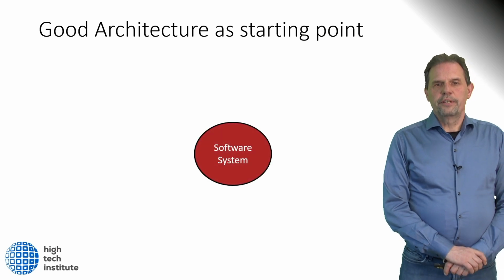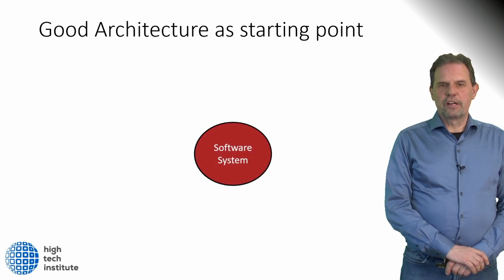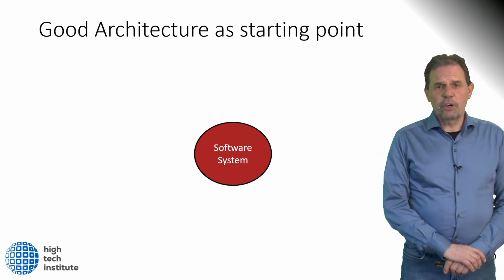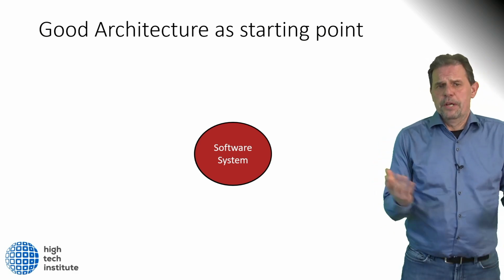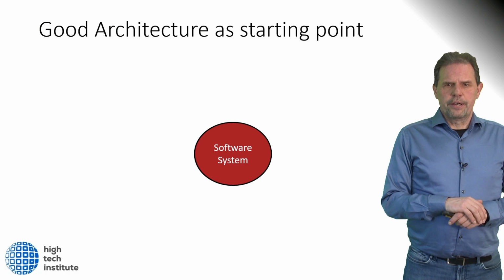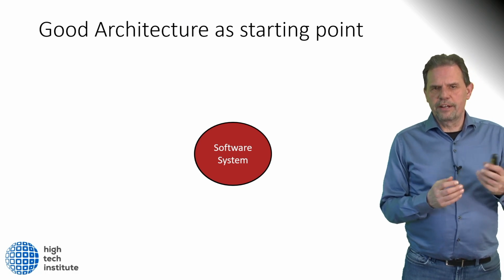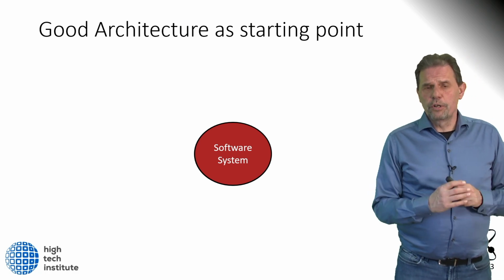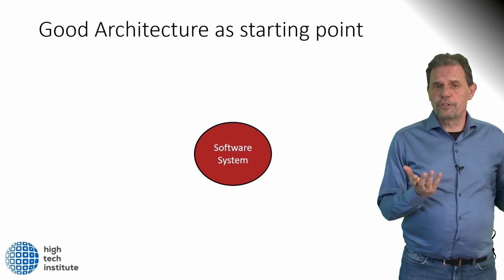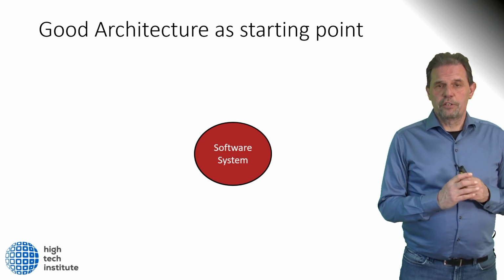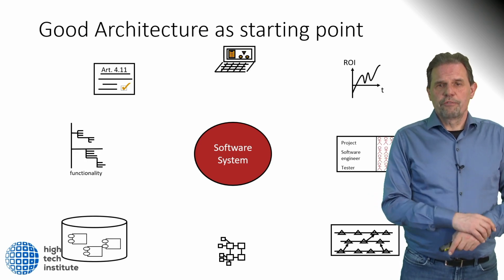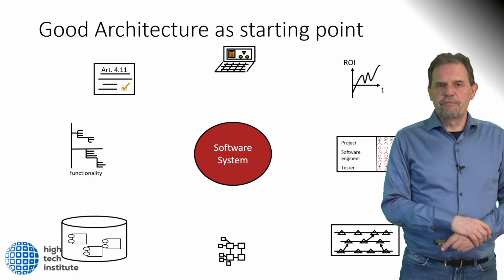It starts with developing a system. You have to develop a system. It can be a new system, it can be an existing system where you have to make an extension, or maybe you're working on a subsystem of a larger system. All of that is possible. As a result of working on your system, you have a system environment.